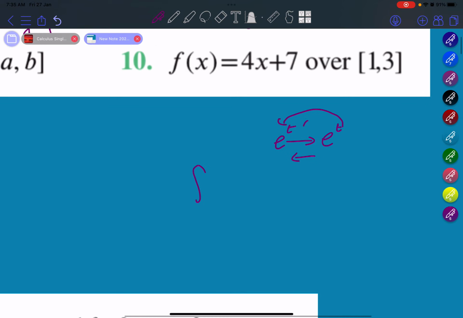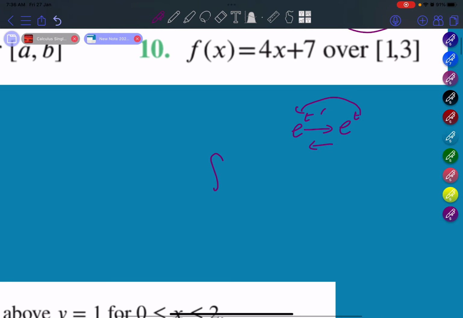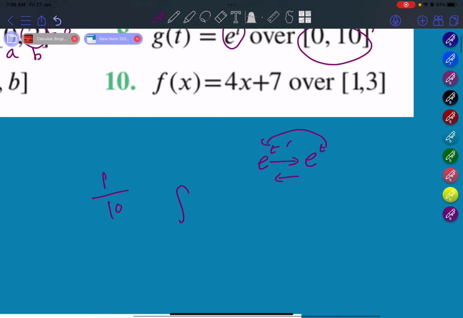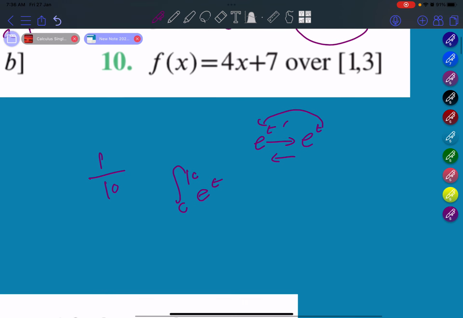It's the same thing. So let's write 1 over 10 minus 0, which is again 10. We will add 0 to 10 here, and then add our function, which is e power t. We've already found the integral of e power t.